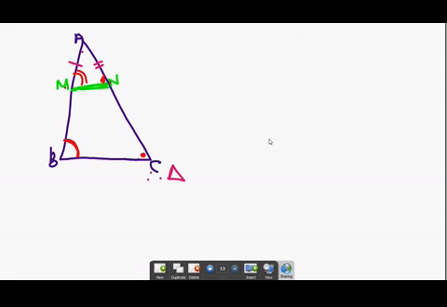Now, I can use the proportional division theorem, comparing the triangle. It means that AB over AM is equal to AC over AN.